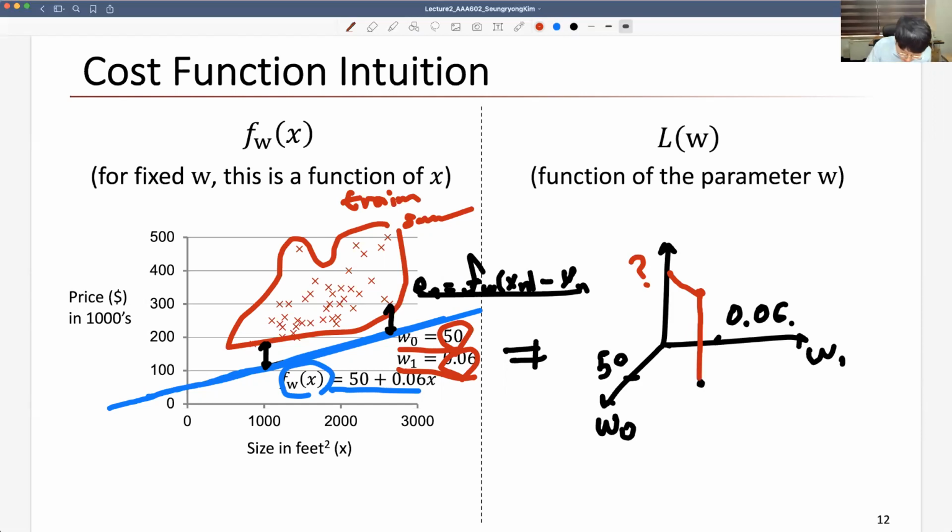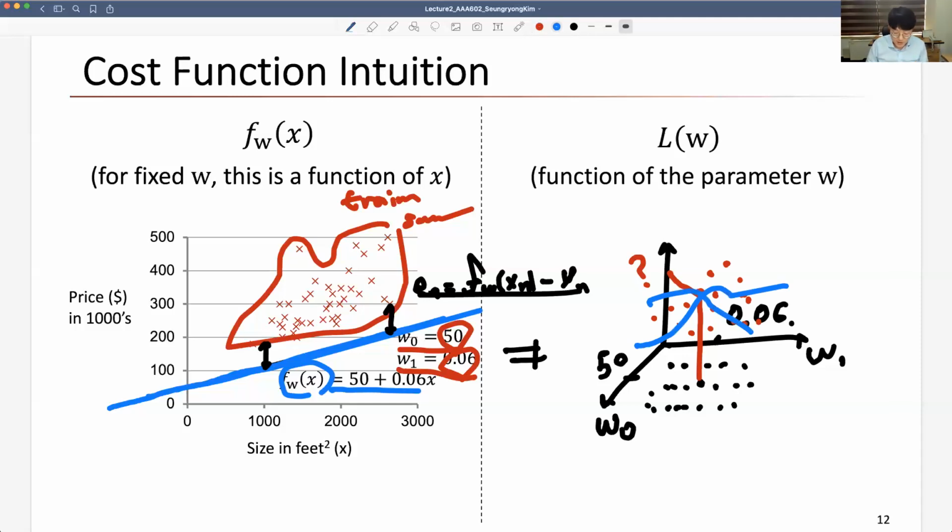Then by varying w0 and w1, for example on this grid, we can find the loss function with respect to this one. Then it will be something like a curve, like this one, right?